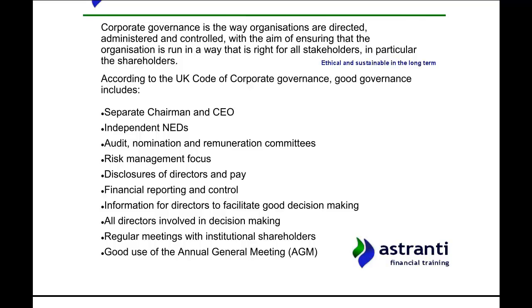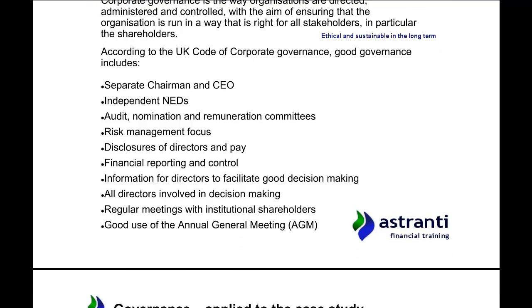And I've got some other bits here about information and decision making, so ensuring that the right controls are in place so that the directors have the right information to make the right decisions.